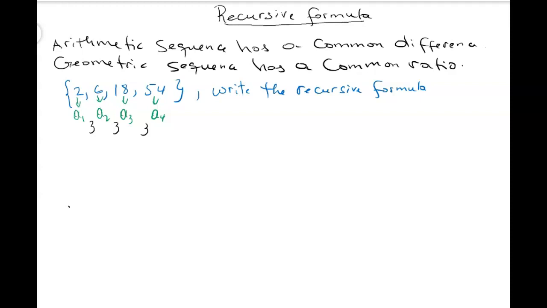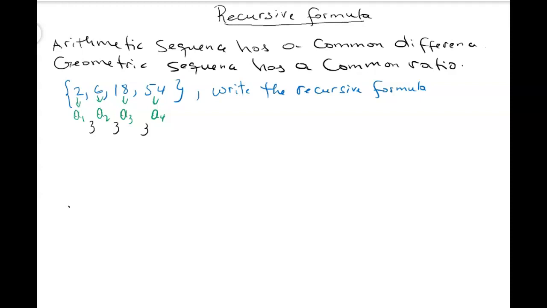So that's how I know it is a geometric sequence. When you multiply this number by 3, you get 6. 6 times 3, you get 18. That number doesn't change. Now, knowing that I'm dealing with a geometric sequence, how do we write the recursive formula for a geometric sequence?